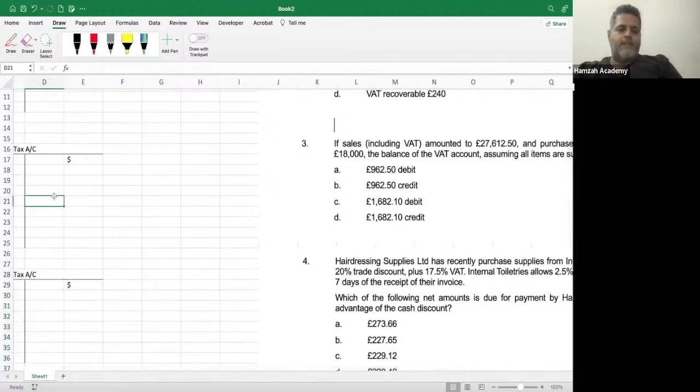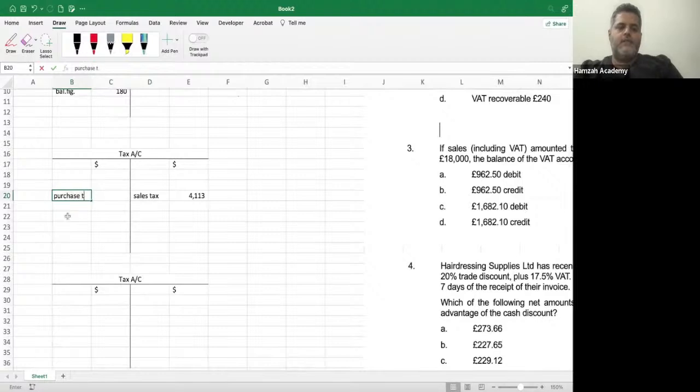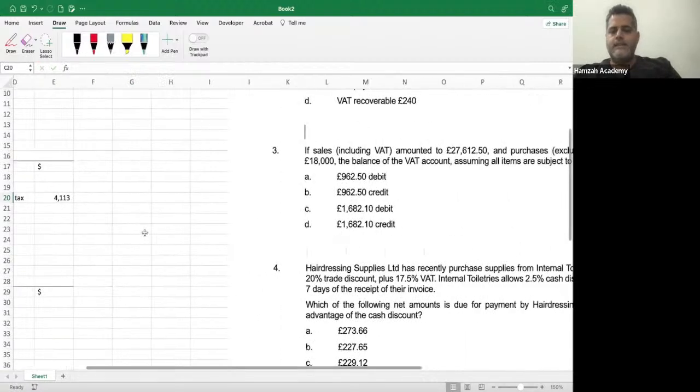Okay. So I have this sales tax: 27,612.5 by 117.5 into 17.5. That's 4113. And then we have a purchase tax.